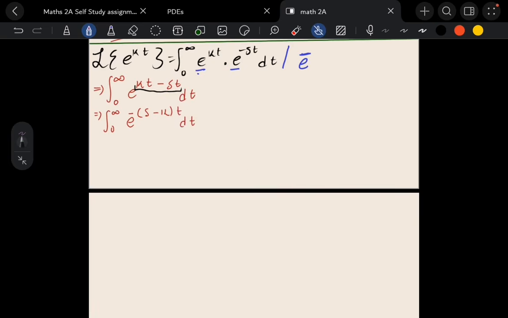Do you understand that? So for the Laplace transform to converge, the e must have an exponent of a negative. Why is that? Remember the graph that I drew? There was this graph here.